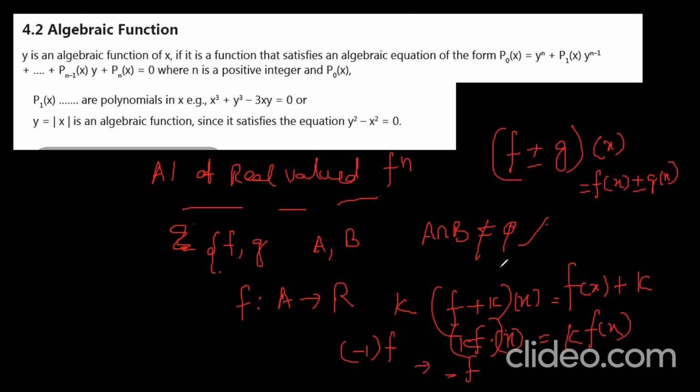Like this we can have different properties. This is when you multiply the function by a constant. This is the second case.